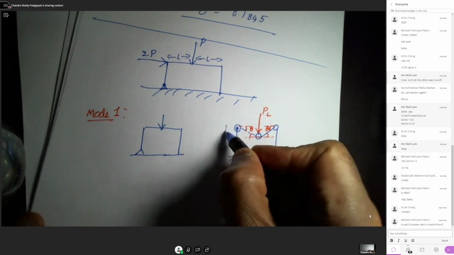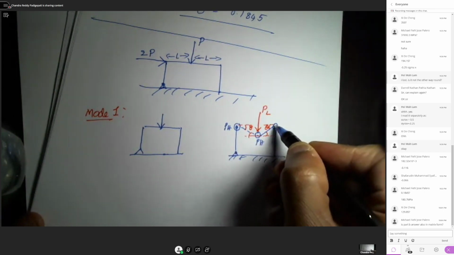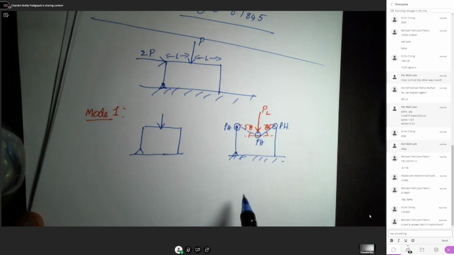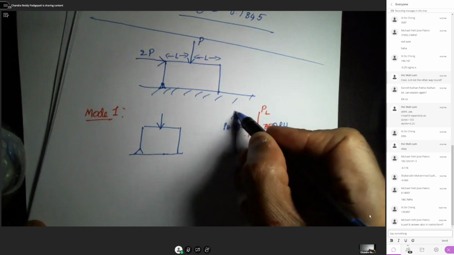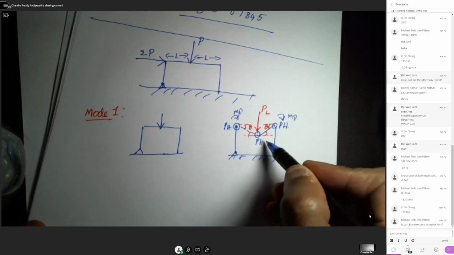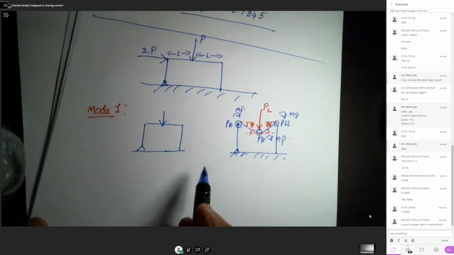There are three plastic hinges, PH, PH, PH, so there will be three plastic moments, MP, MP, and MP.